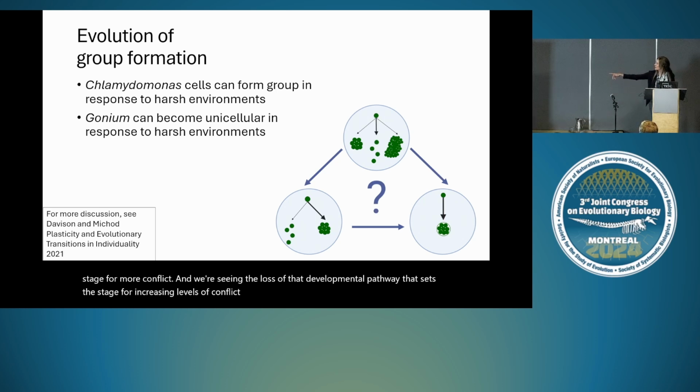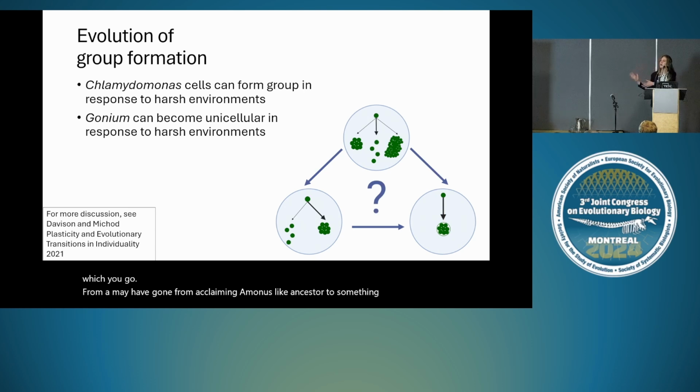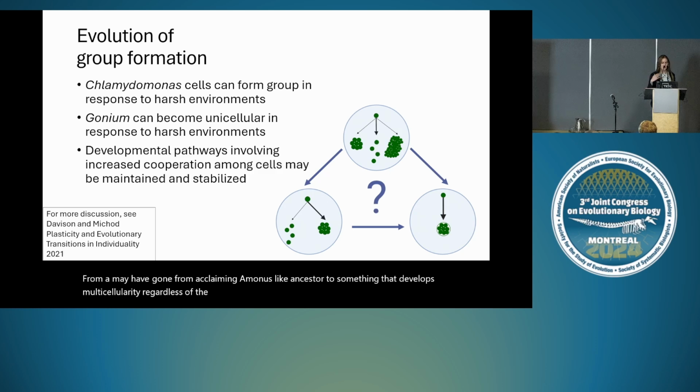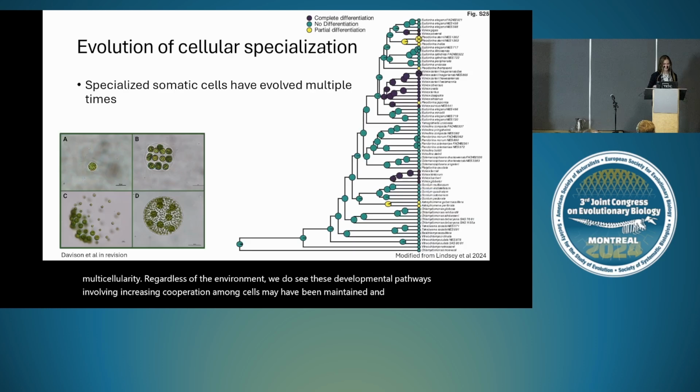And we're still working out the exact pathway by which you may have gone from a Chlamydomonas-like ancestor to something that develops multicellularity regardless of the environment. But we do see that these developmental pathways involving increasing cooperation among cells may have been maintained and stabilized.